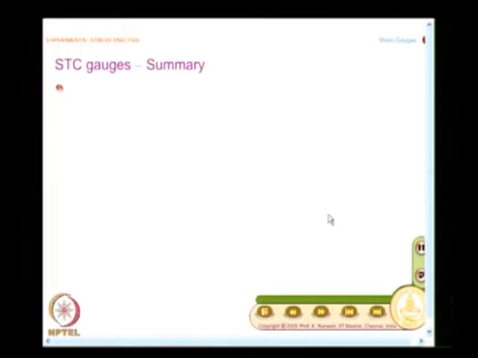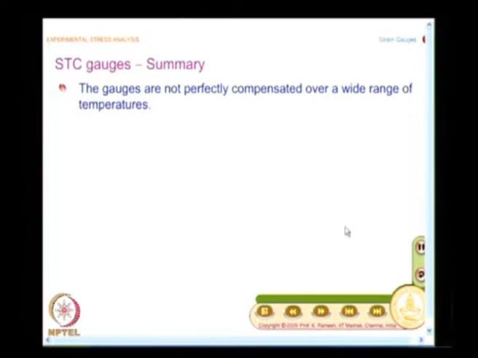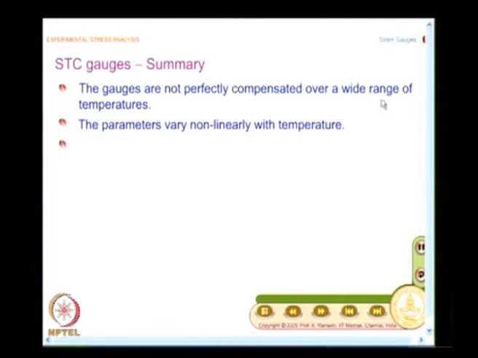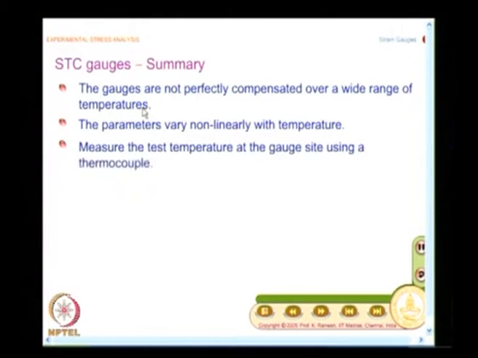And another aspect is, can these self temperature compensated gauges be used for a range of temperatures? That is another question, but the answer is no. They are not perfectly compensated over a wide range of temperatures. For small temperature variation, self temperature compensation is all right, and that is good enough.